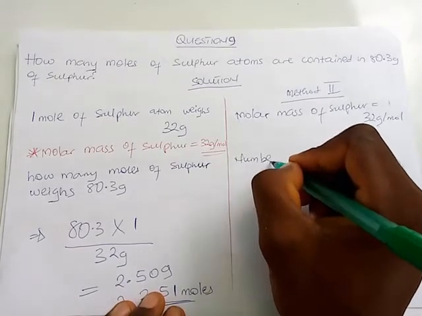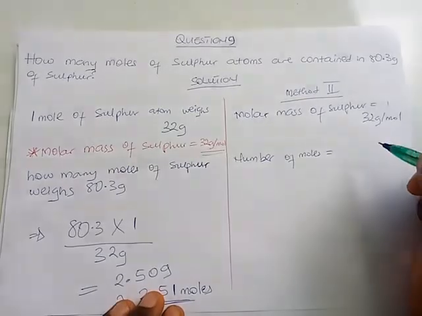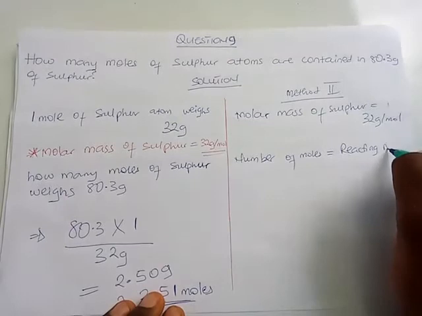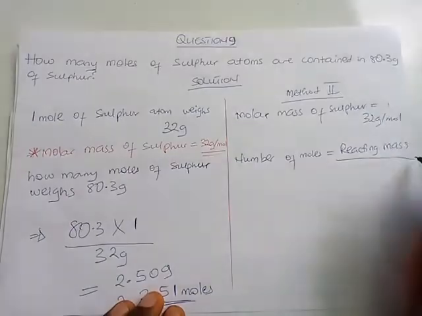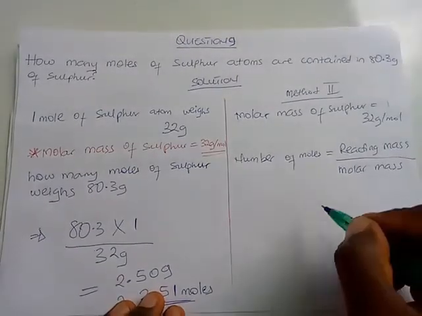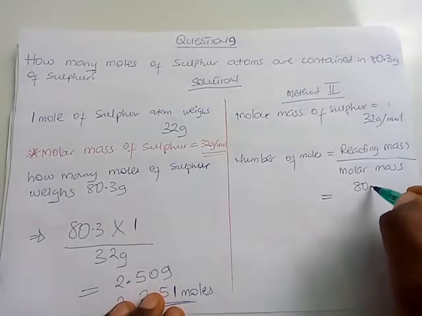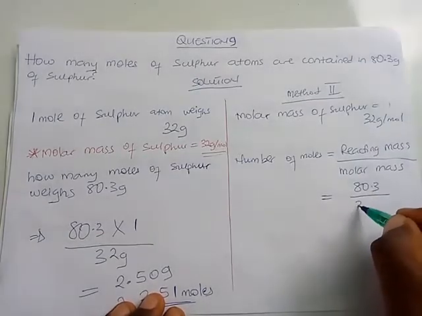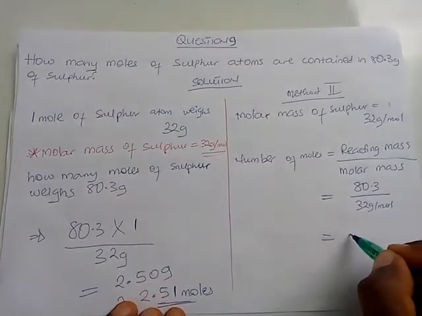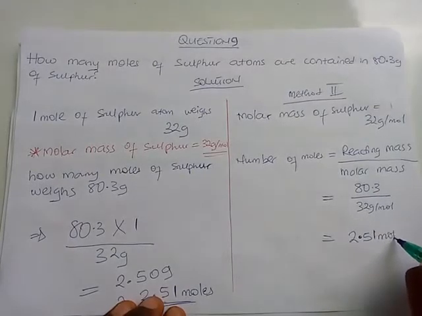We have this formula, number of moles being equal to reacting mass all over molar mass. Therefore, we'll just substitute what we have. We have the mass as 80.3 all over 32 grams per mole. Hence, we'll have 2.51 moles.